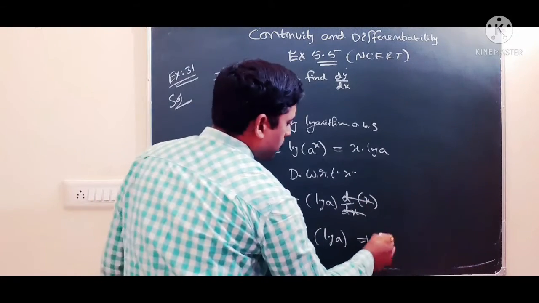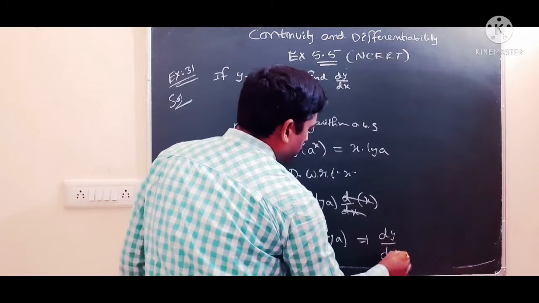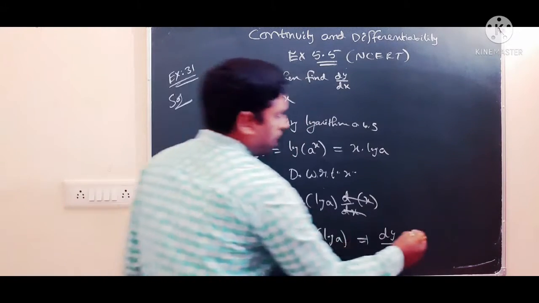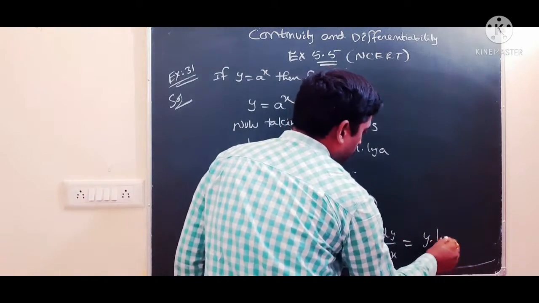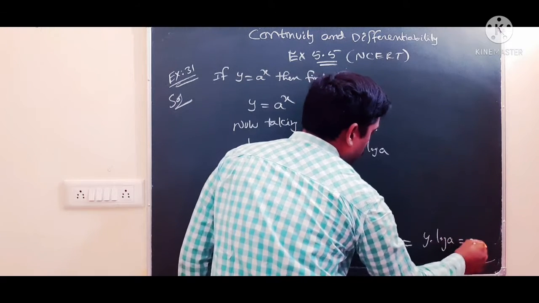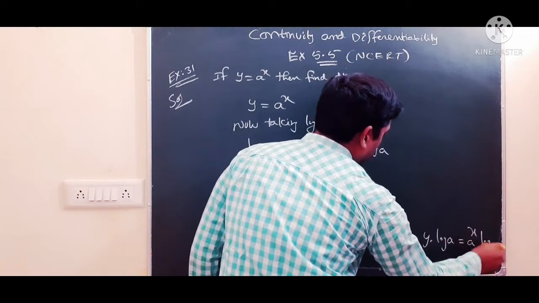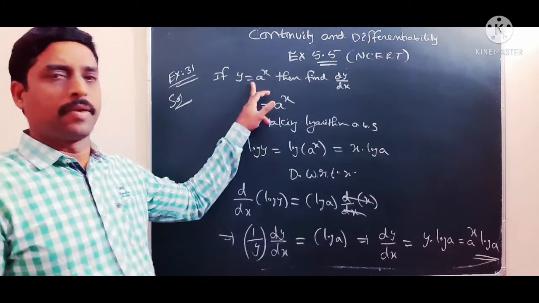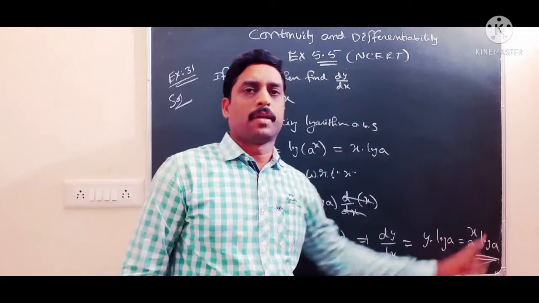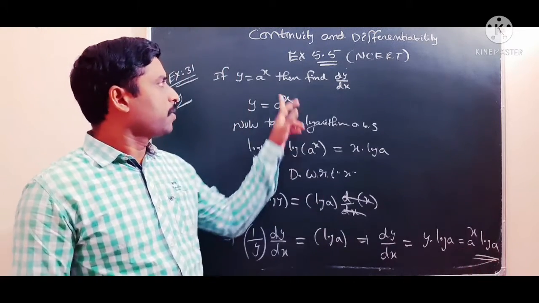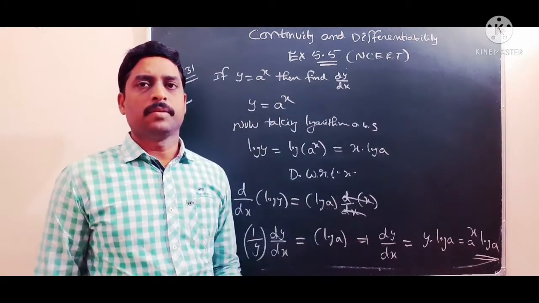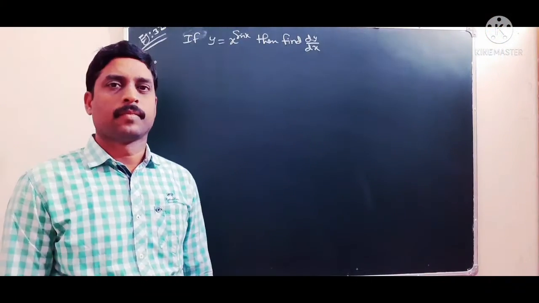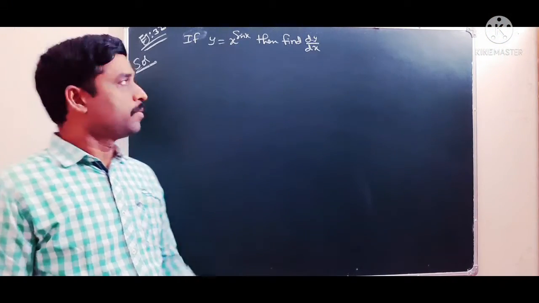Let us do cross product. dy by dx is y times log a, where in the place of y we should write a to the power x, from the statement. So dy by dx is a to the power x into log a. This is the derivative of a to the power x.